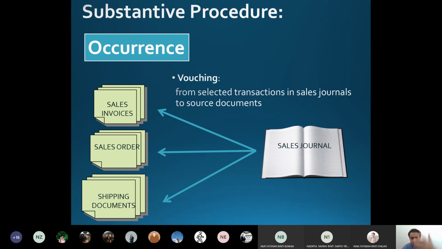From the sales journal, we take a selected transaction. We try to check the invoice, the sales order, the shipment documents related to this transaction. So vouching is trying to check the existence of the transaction based on how they recorded these transactions in the sales journal. We need to check that they have the supporting documents in terms of sales invoice, sales order, and shipment documents. In this case, we call it the vouching technique.